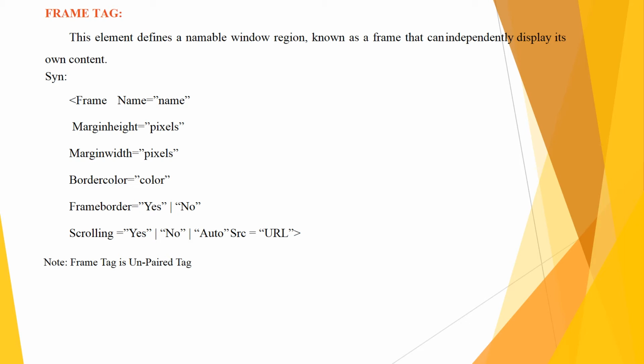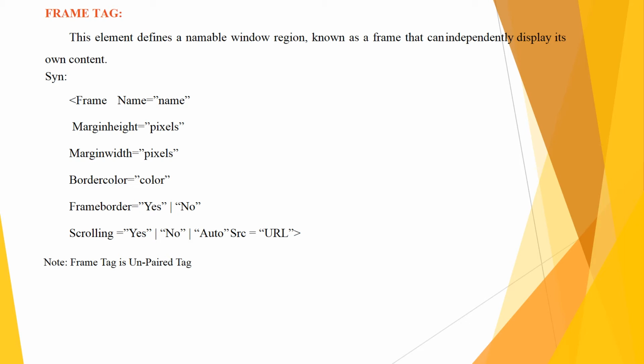Now let us see some attributes for the frame tag. The frame tag is an unpaired tag, meaning there is no ending tag for this frame.